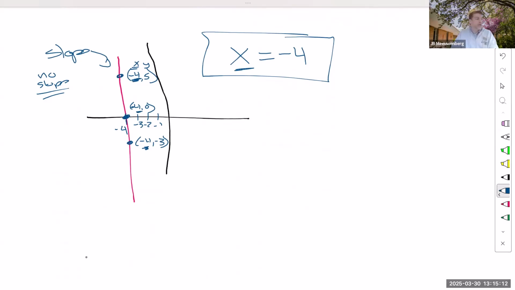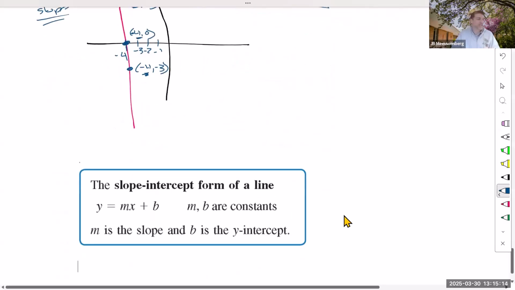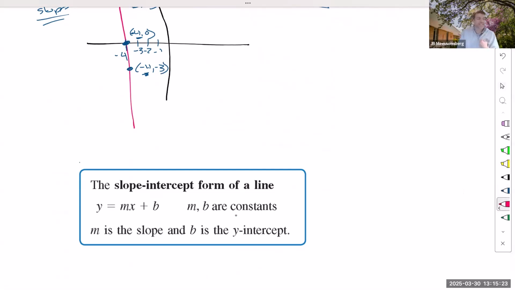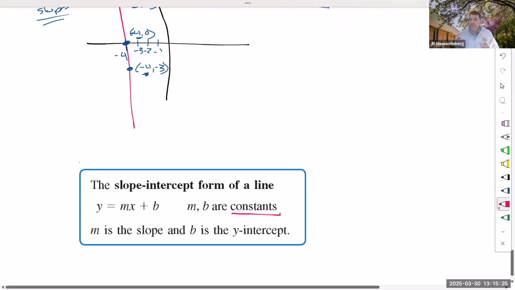And so just to wrap up this part of the conversation, slope-intercept form of the line, in general, is y equals mx plus b. M and b are constants. A constant is the opposite of a variable. Variables change, constants are just numbers. They don't change. M is the slope and b is the y-intercept.